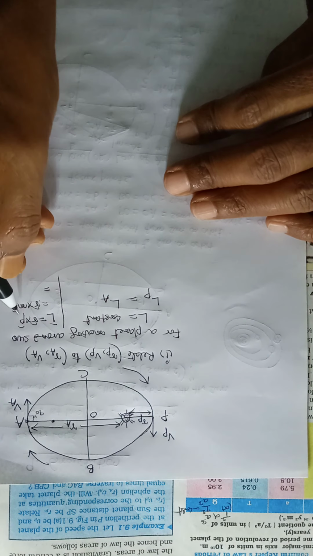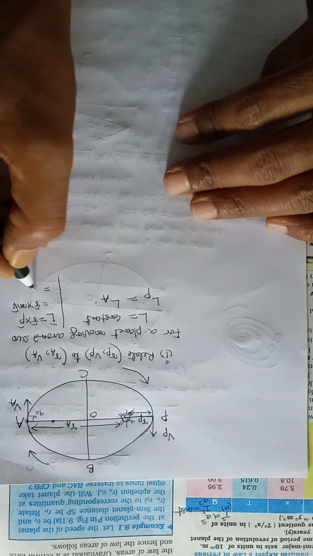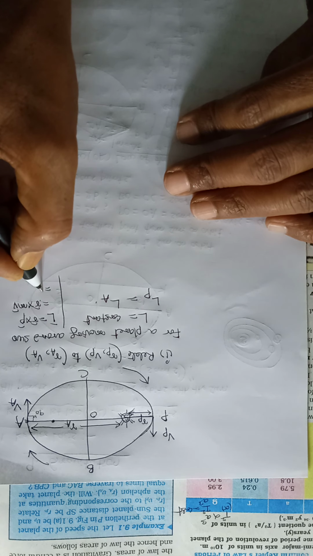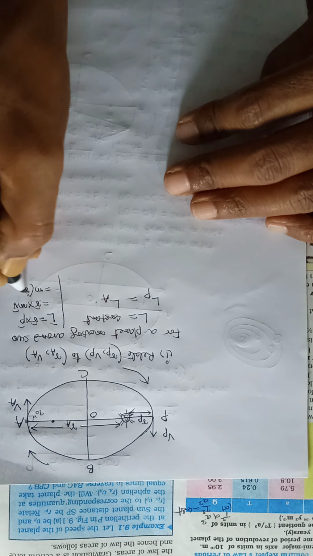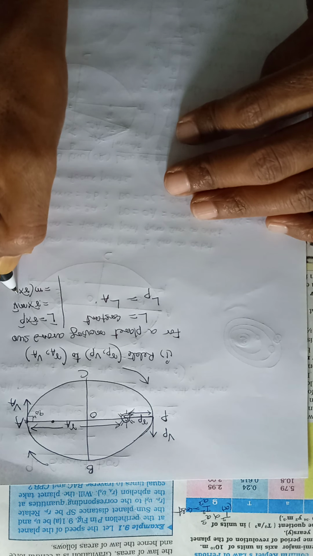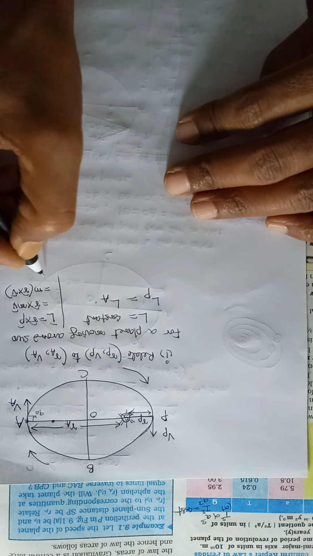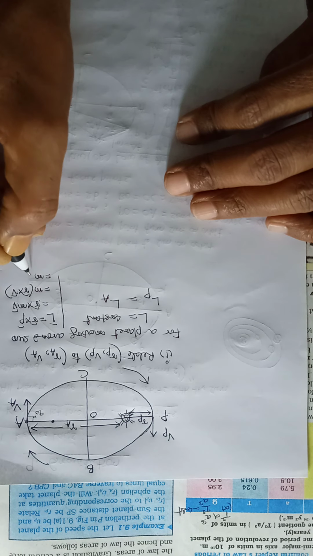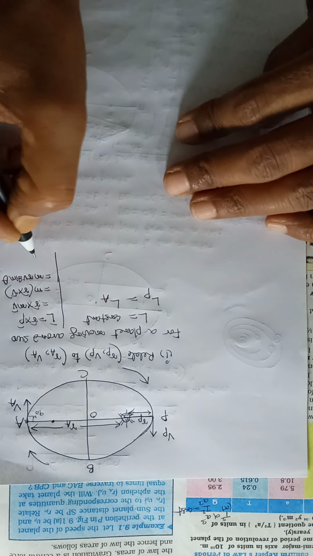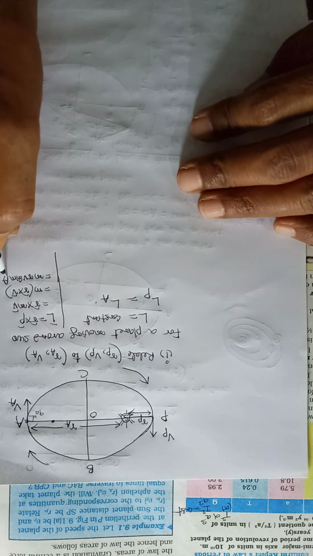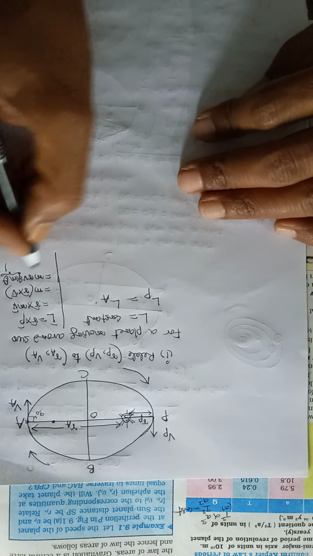Therefore, L is M R V sin theta, but theta is 90 degrees, so sin theta becomes 1.